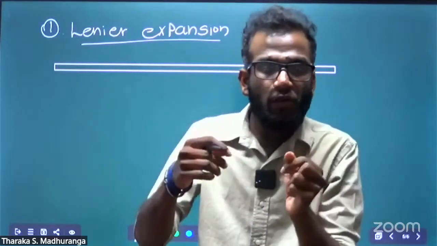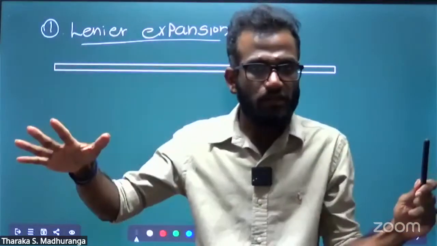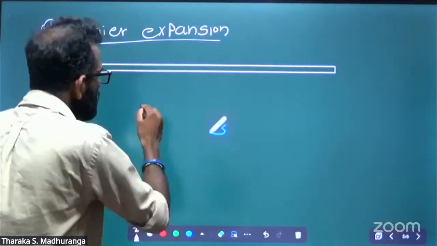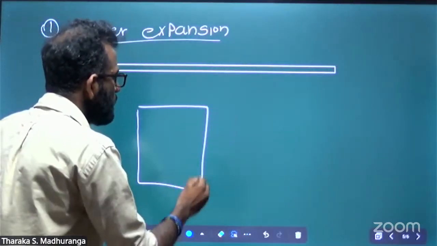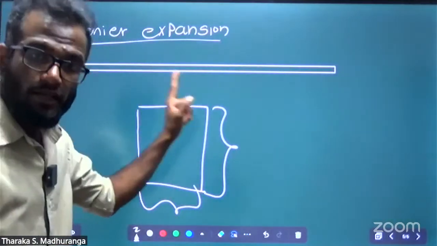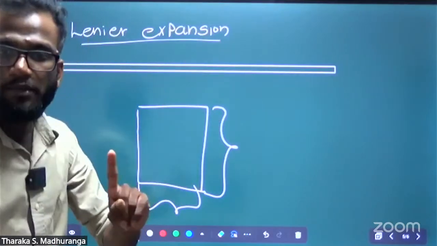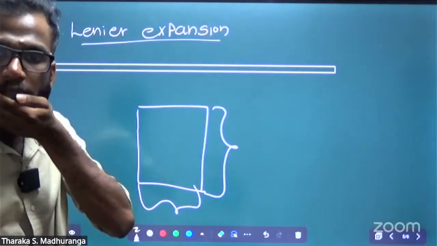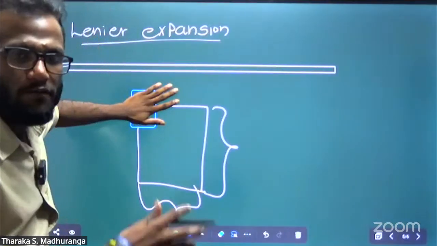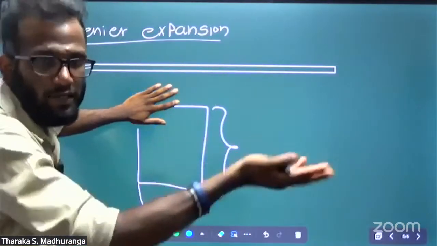In area, we consider length and width both. But in linear expansion, only one dimension is considered: when temperature increases, the length or height increases. Correct, good.